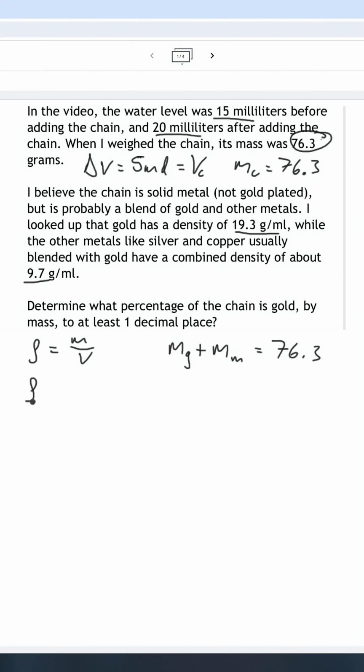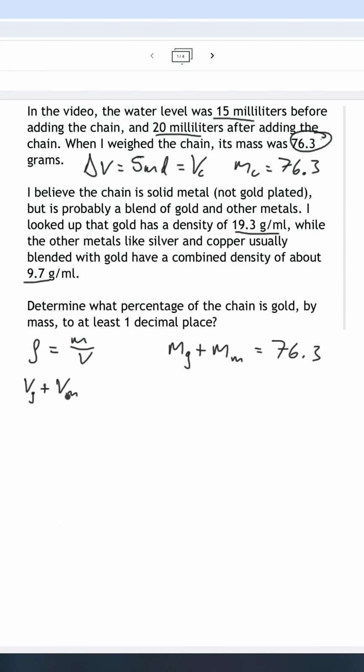So the density of the gold plus the density of all the other materials. No, wait. Not the density. We're going to use the volume, all right? I'm sorry. So the volumes. All right, so the volume that is going to be used by all of the gold plus all of the volume that is going to be used by all of the metals.